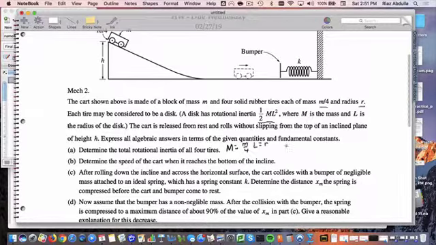And we have 4 tires, so we're going to take 4 times 1/2 m L squared, and that's going to be 4 times 1/2 times m/4 times r squared. And so what we're going to end up getting is a total rotational inertia of mr squared divided by 2.